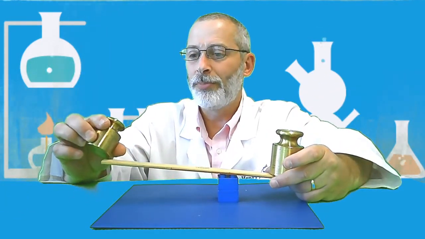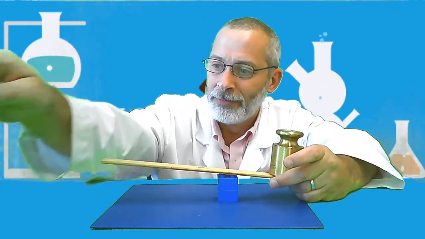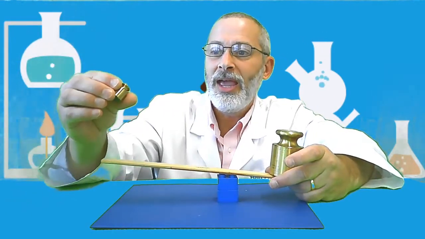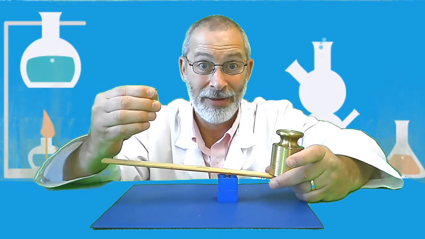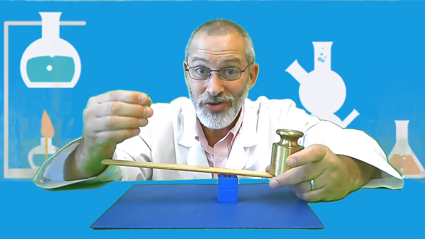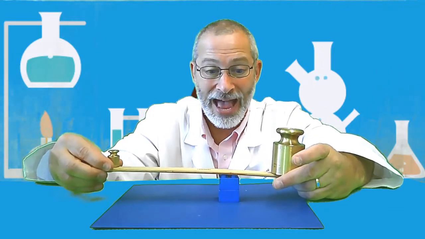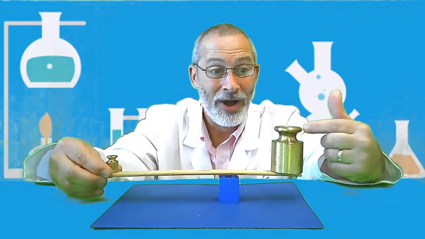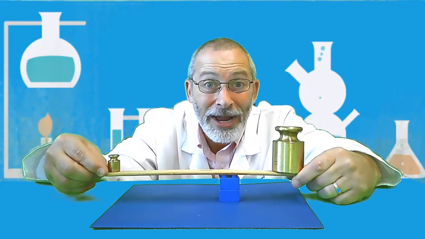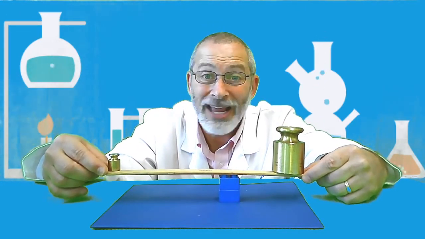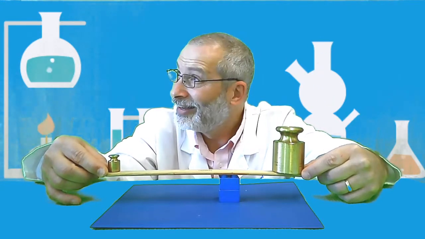Now, what if I were to put that 500 gram mass off to the side and bring over a 50 gram mass? Do you think I'm going to be able to balance out a 1 kilogram with a 0.05 kilogram mass? What do you think is going to happen if I let go of it?